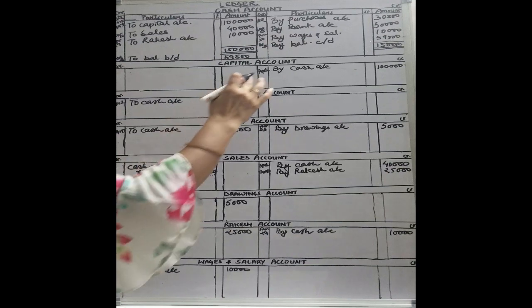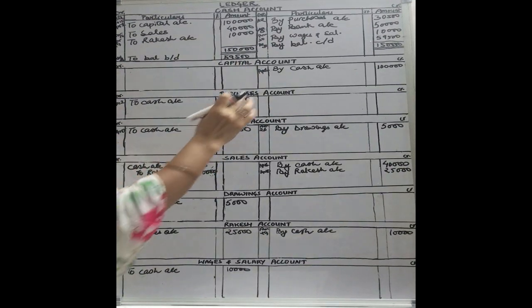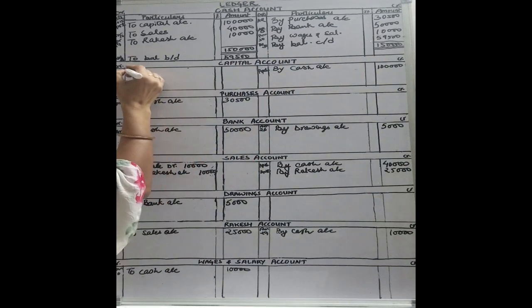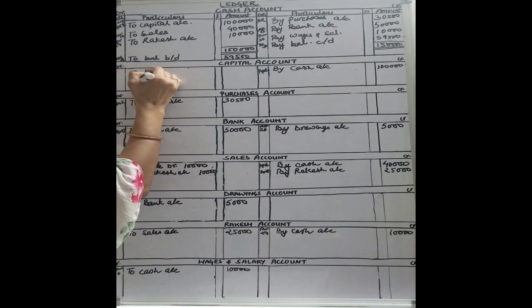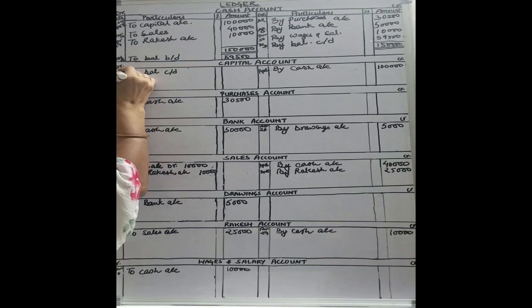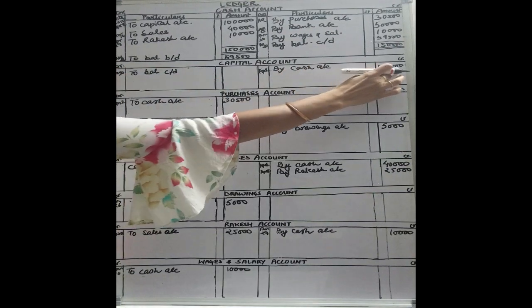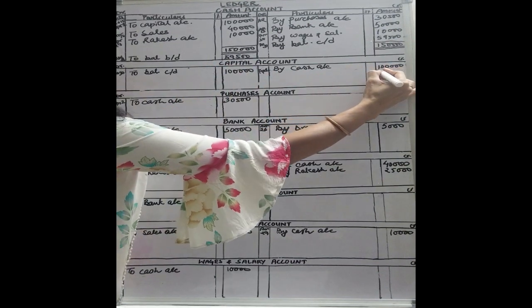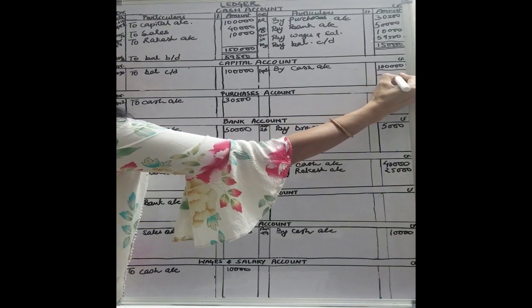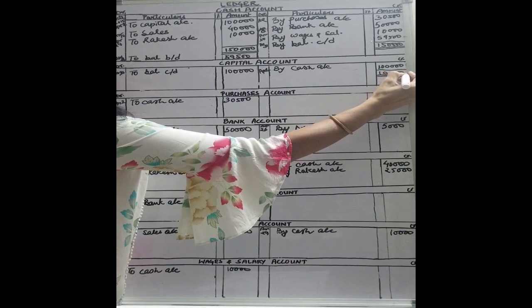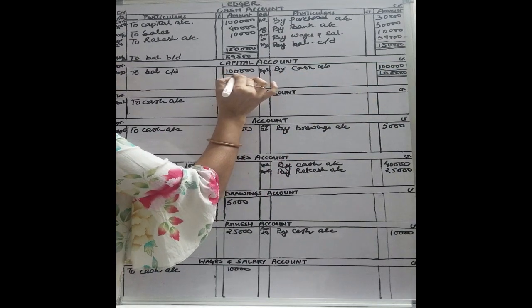Now let's balance this capital account. Here the credit side has 1 lakh. So we'll add "to balance carried down" on April 30th. How much is needed? It's 1 lakh. So we will add 1 lakh here. Then we'll total the account by drawing a line like this.